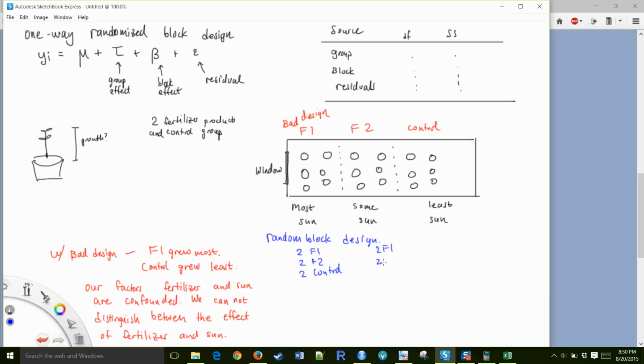And then, after taking into account the effect of the sun, we may or may not see an effect due to the fertilizer or the control. Okay? And so the randomized block design will help us determine if the fertilizer plays a role in plant growth.